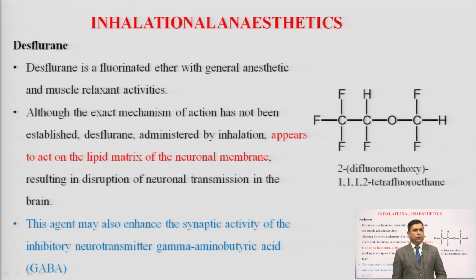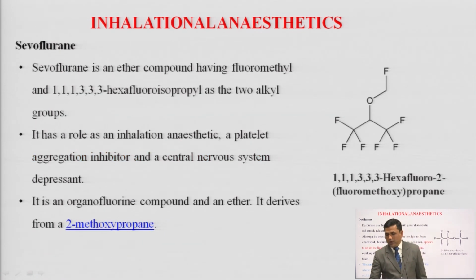It is also a fluorinated compound, and the exact mechanism of action is not established. I have already told you that it acts on the GABA receptors and produces chloride ion channel opening.